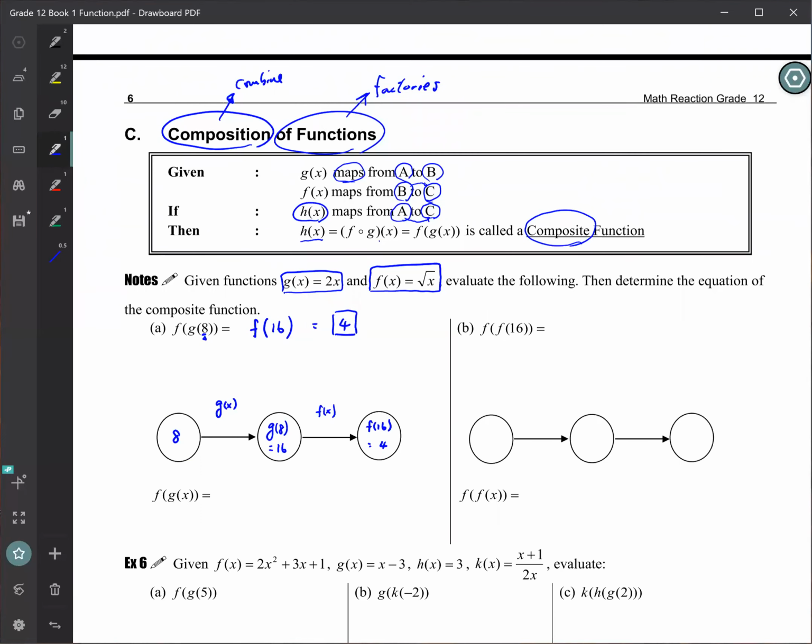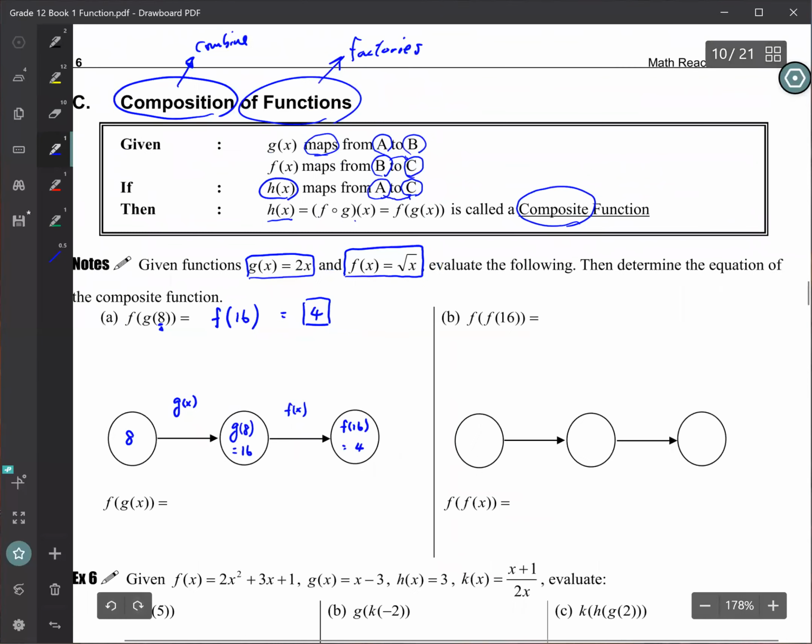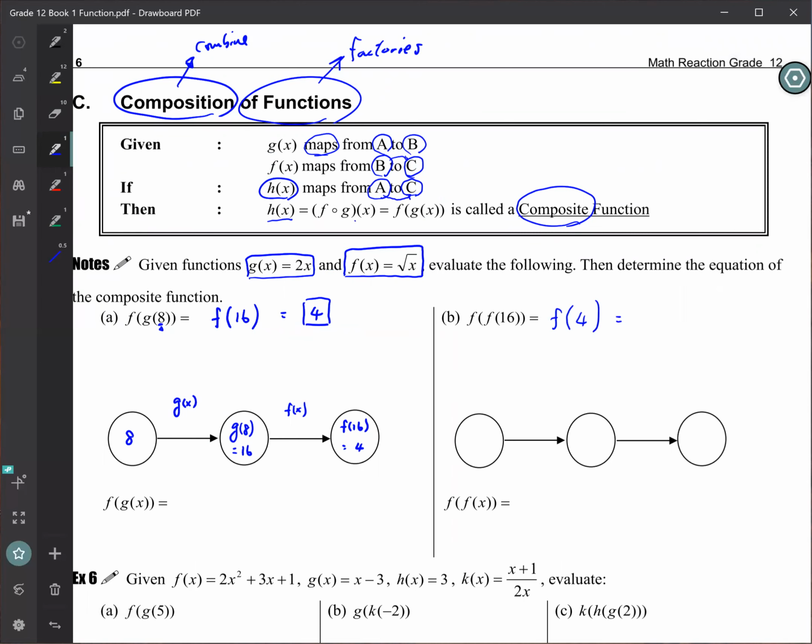Okay, Samantha, can you tell us what your steps are? 16 will go into the F first. So what do you get? 4. Yeah, so it'll first become F of 4. And then 2.